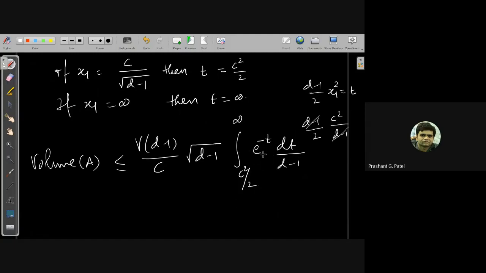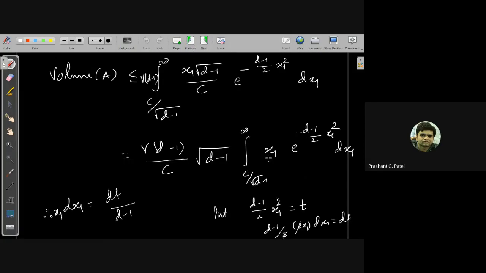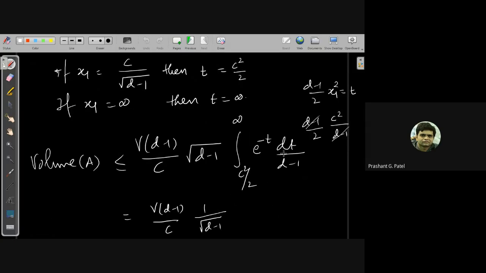And if you take the integration, this gives me v of d minus 1 by c upon 1 upon square root of d minus 1, that is the quantity left. If you take the integration of this quantity, that is e power minus t from c square by 2 to infinity.